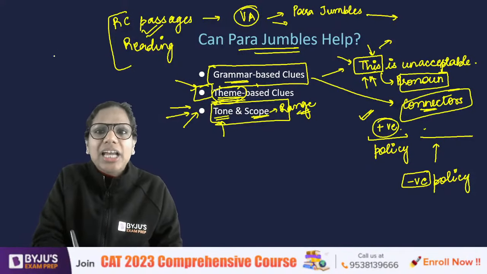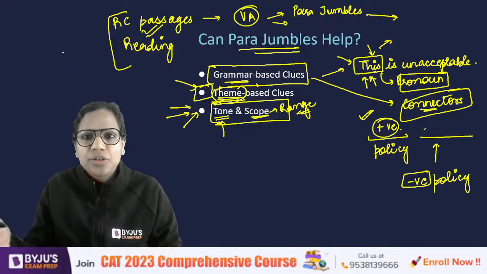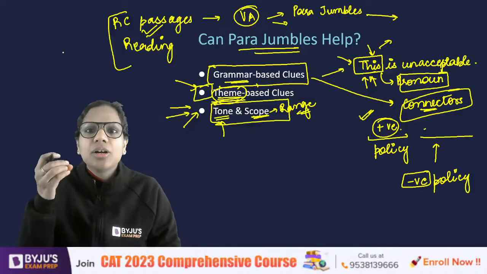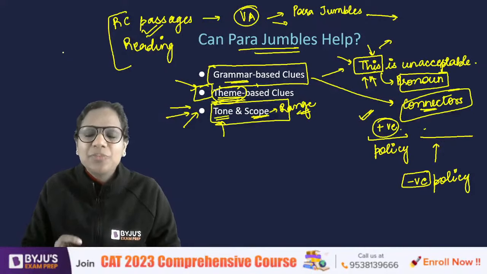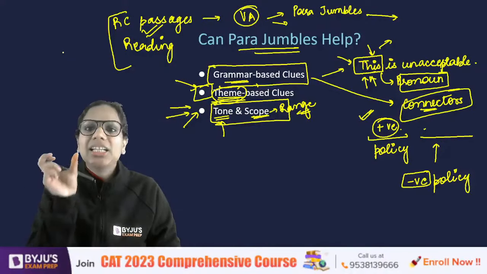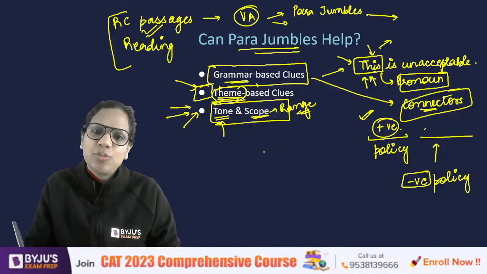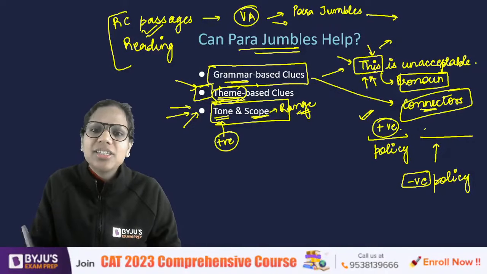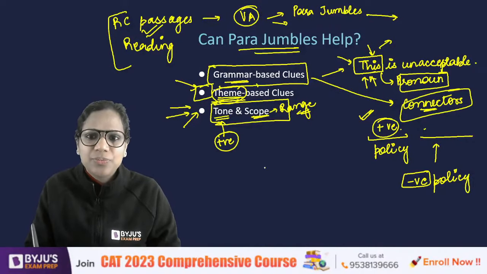If let's say the entire paragraph has a positive tone, a clearly, evidently positive tone, then it's highly likely that the missing sentence is also going to have a positive tone. So, understand the tone of the paragraph well.